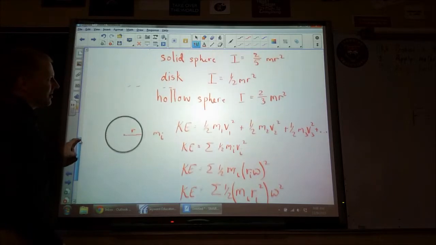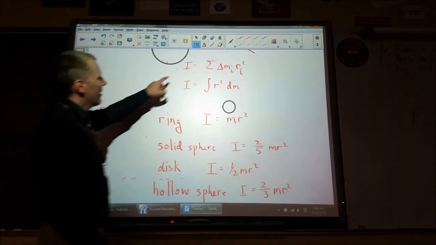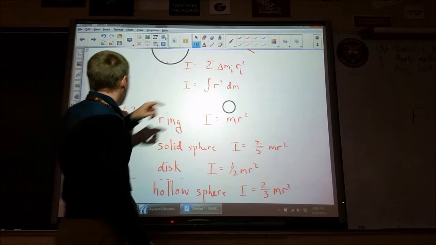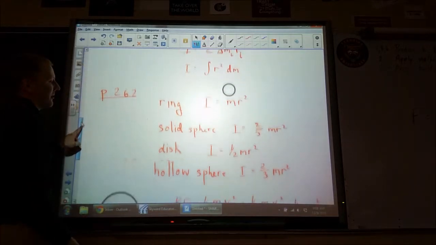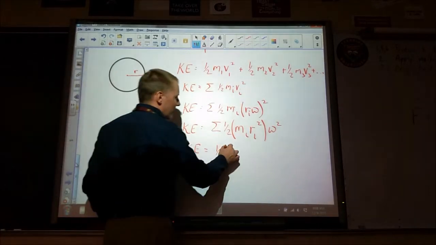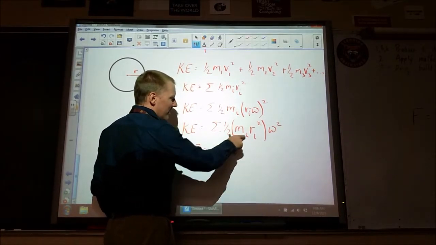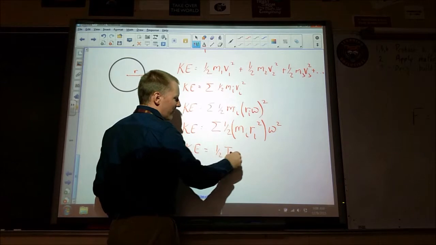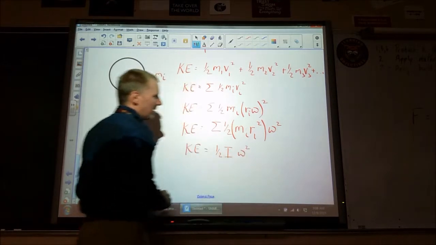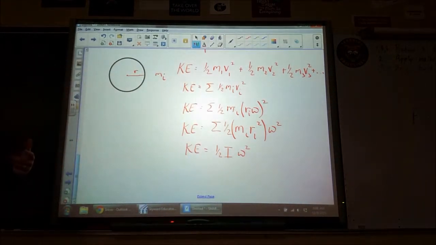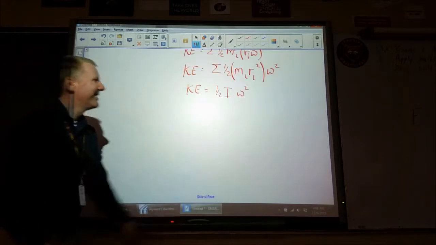And we said, just a little bit higher, that's what the moment of inertia is. So we can define kinetic energy as 1/2 times the moment of inertia times omega squared. So if you ever want something spinning, that's how you do it.